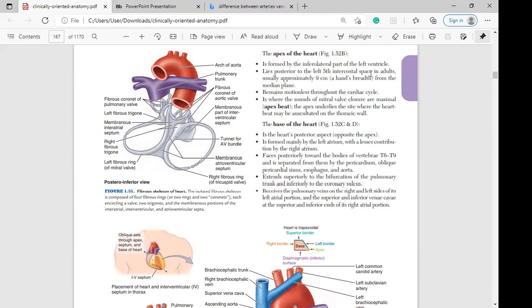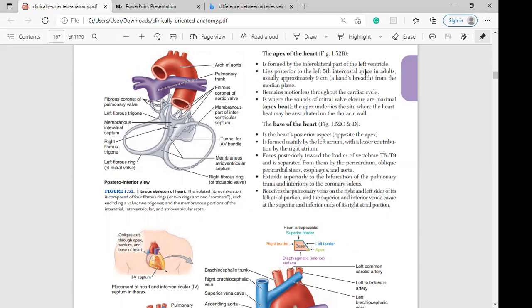You did anatomy already in the first year, so you know how to count the intercostal spaces, okay? Once you get to the fifth intercostal space on the left side of your thoracic cavity, posterior to it, behind it, that is where you find the apex of the heart.